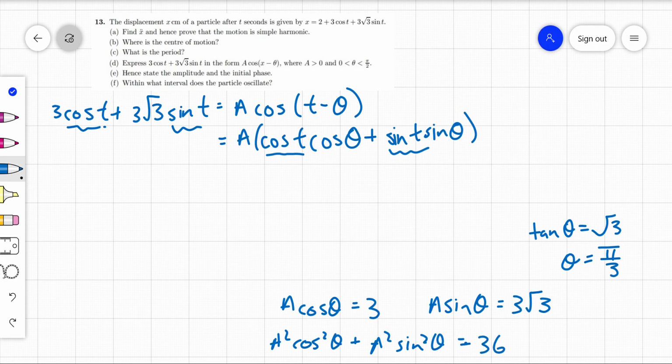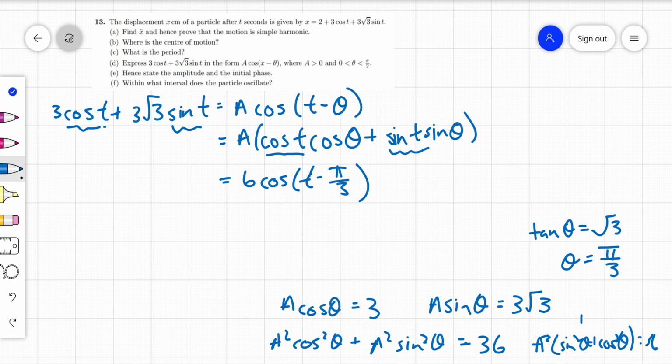If we factorize the left-hand side by a squared, we know sine squared plus cos squared equals 1, so we get a squared equals 36. Therefore, a must be 6. So if I go back up here, we know it's 6 cos t minus pi on 3.